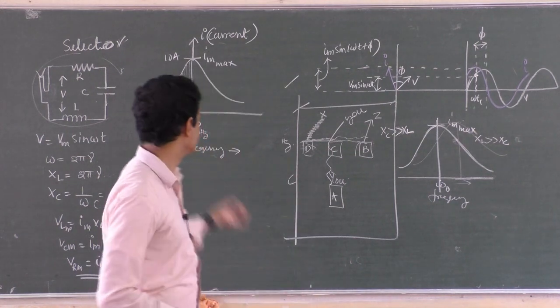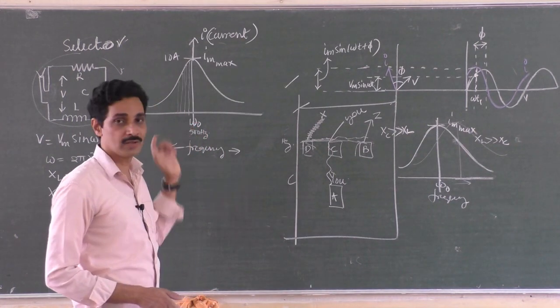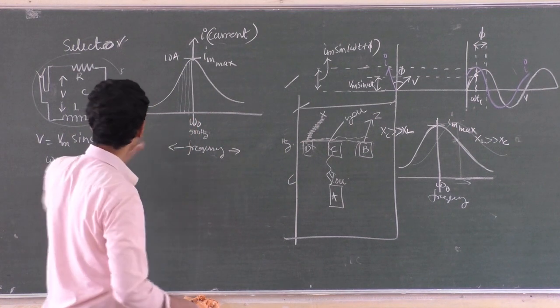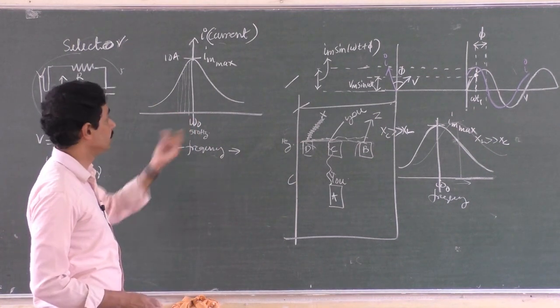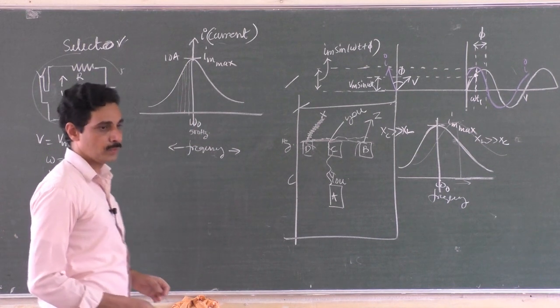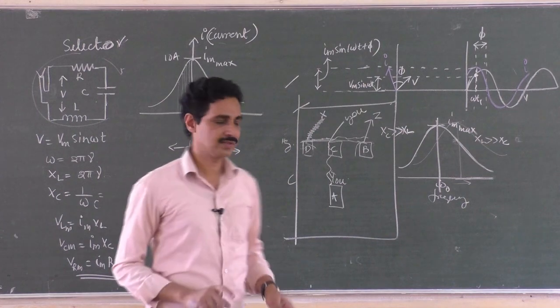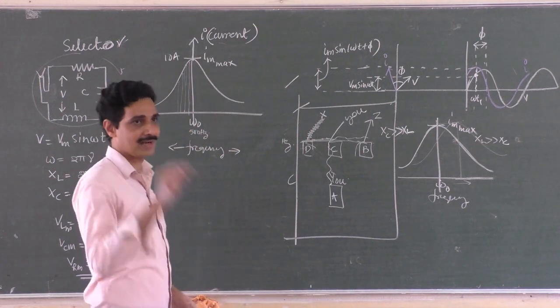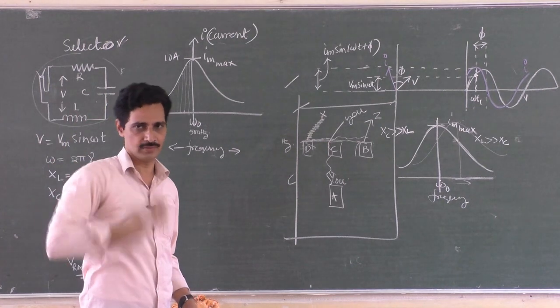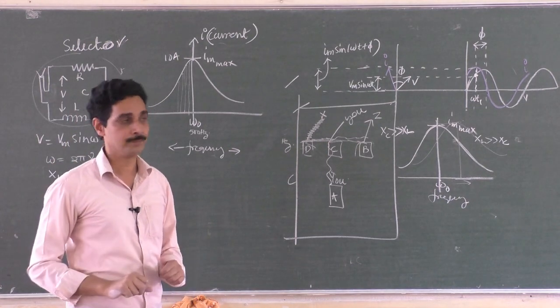That means you just apply this to the radio circuit now. A radio circuit has a resonance circuit of this type, which shows a variation of frequency versus current like this. When you are selecting a particular radio station, you get a maximum current for that radio station, and you can hear the programs of that radio station because those signals are received by the series resonance circuit.